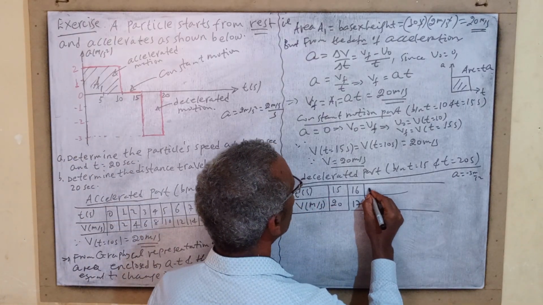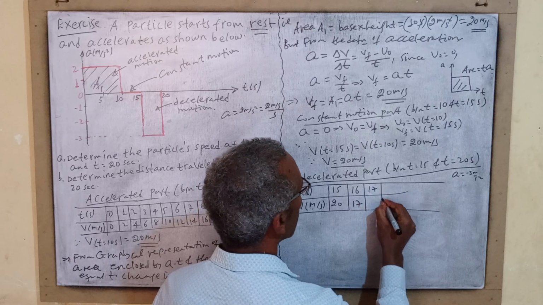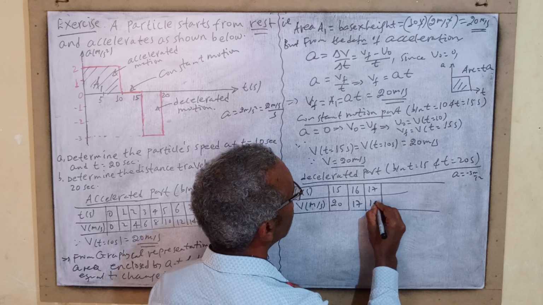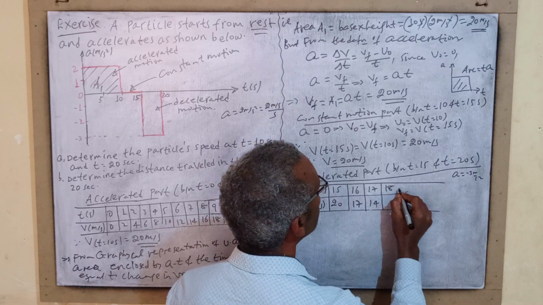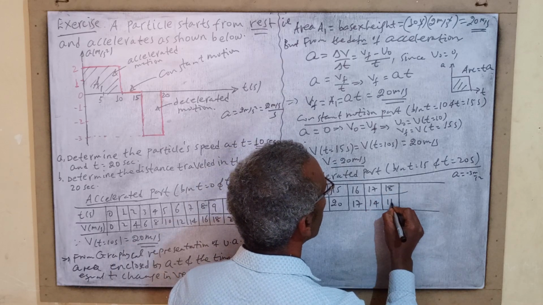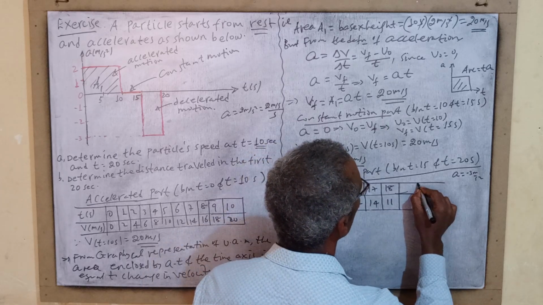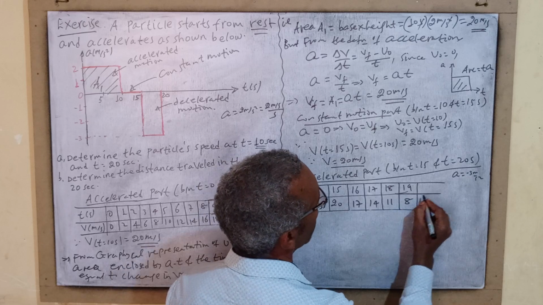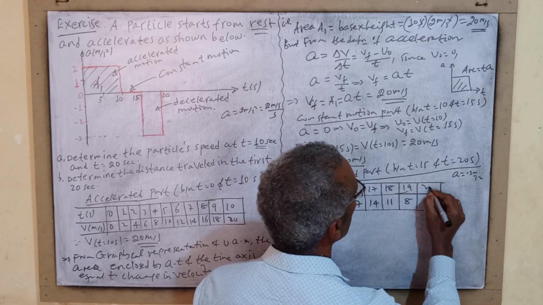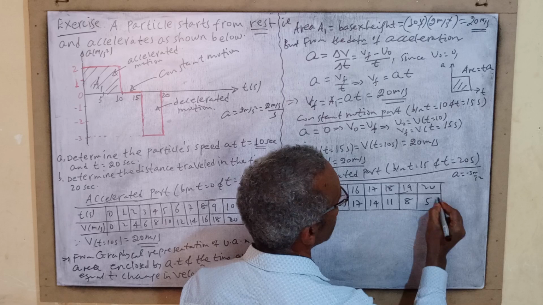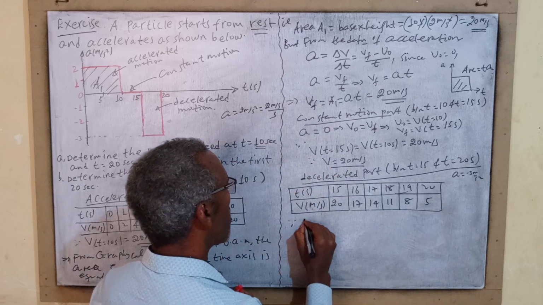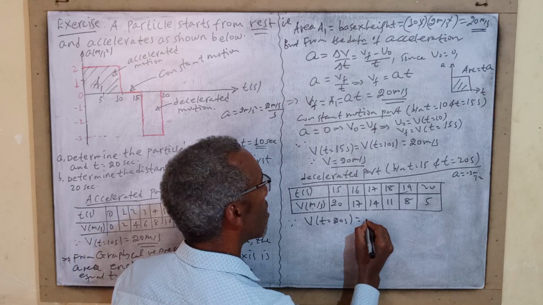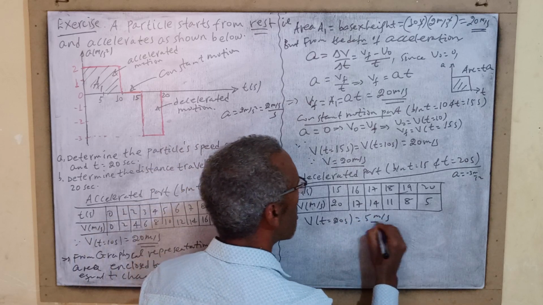When t equals 17 seconds, the speed decreases by 3 from 17, that is 14. When t equals 18, the speed decreases to 11. When t equals 19, it decreases to 8. And when t equals 20, the speed decreases to 5 meters per second. Therefore, the speed at t equals 20 seconds is 5 meters per second.